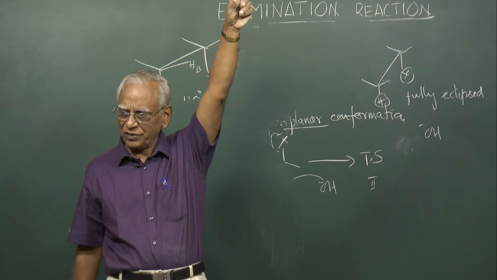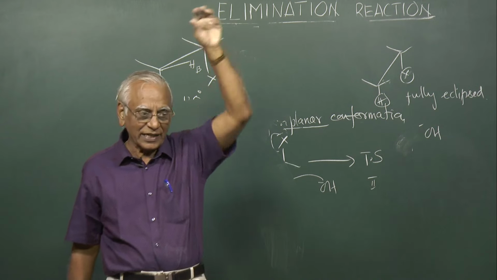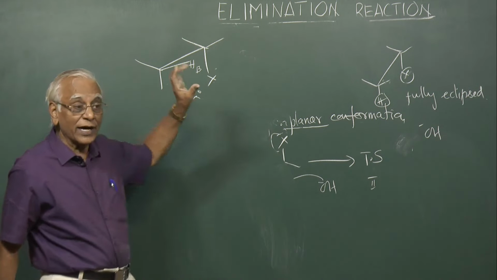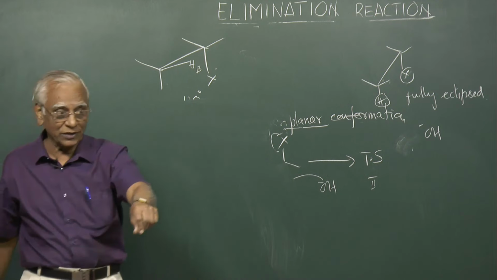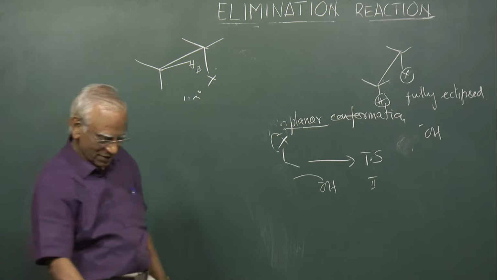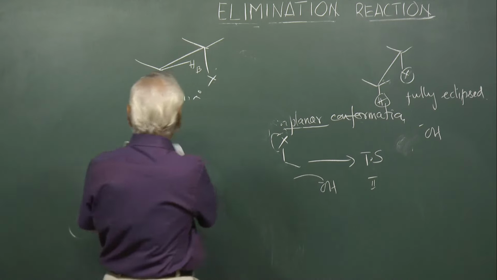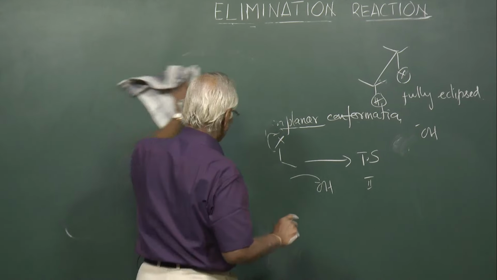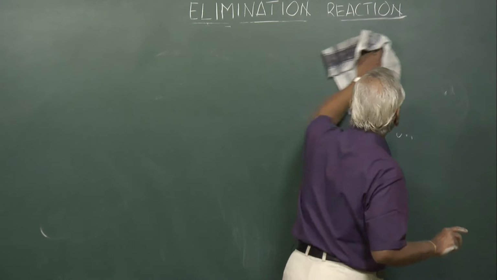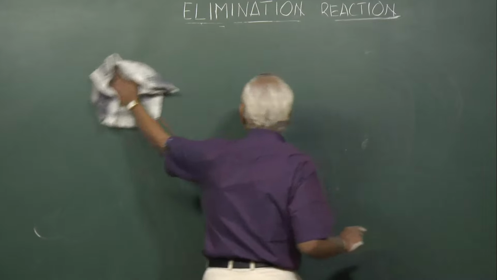That conformation is called anti-conformation. That is the required conformation. What is the stereochemistry? Required conformation for the E2 reaction. Not E1, not E1CB, E2 reaction. Required conformation for the E2 reaction to take place is anti-periplanar conformation.